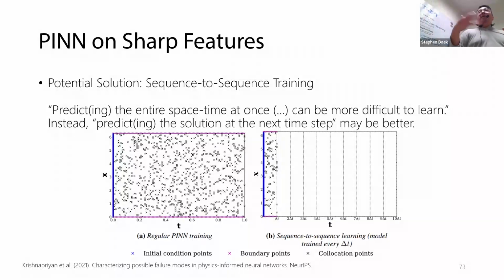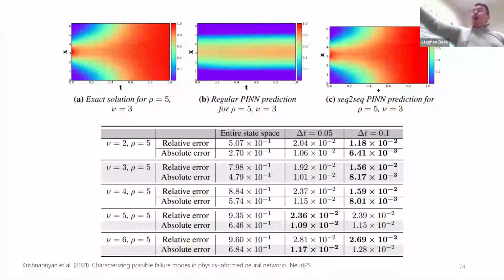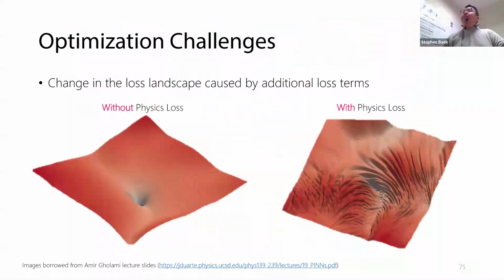In that way you can have adaptive samples of collocation points, and with those, obviously, you can have better modeling accuracy. So this is a very common, very well-known solution to some of the problems of PINN.